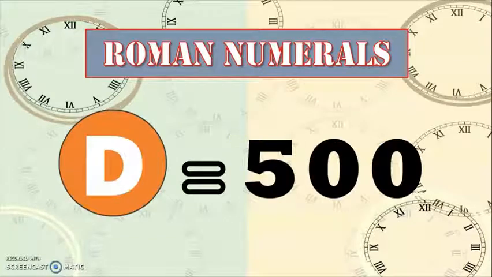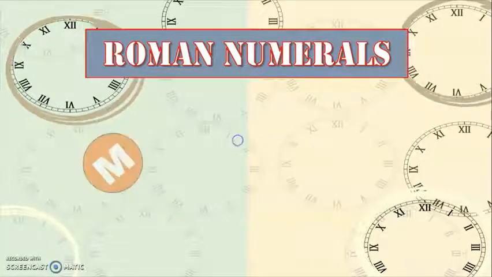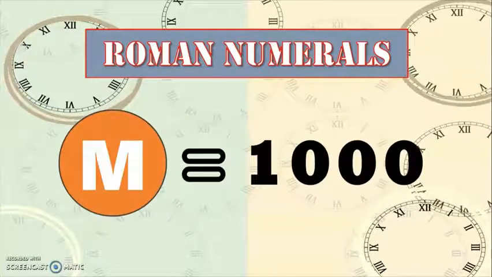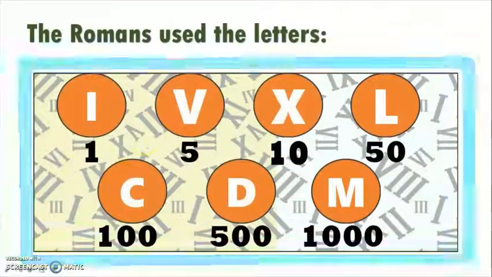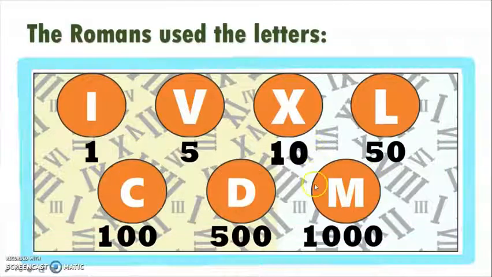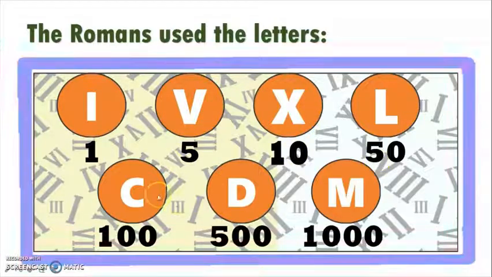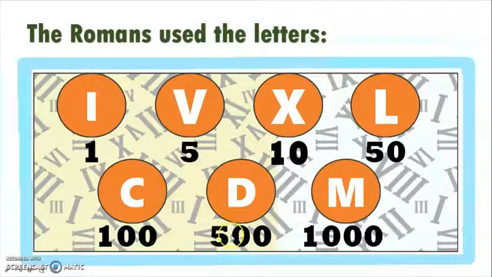D is equal to 500. M is equal to 1000. Therefore, these 7 letters with their values are: I equals 1, V equals 5, X equals 10, L equals 50, C equals 100, D equals 500, and M equals 1000.